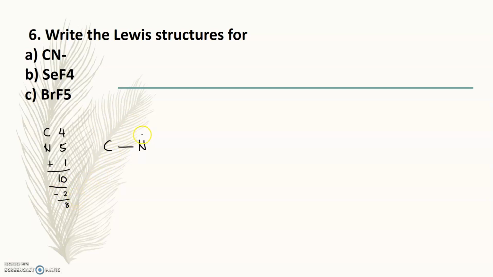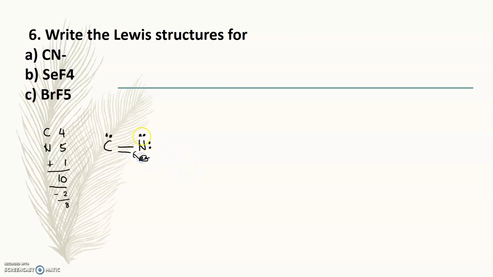We just put them on nitrogen, for example, 1, 2, 3, 4, 5, 6, 7, 8. Then we look at the octet here, 2, 4, 6, 8, so it is shown as a double bond.